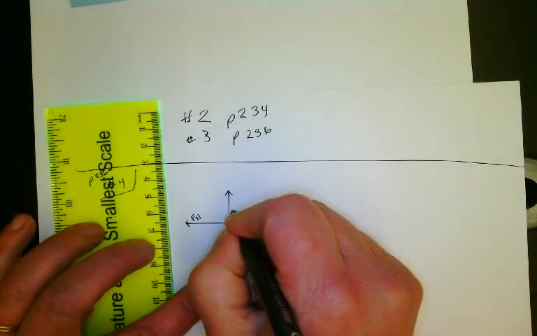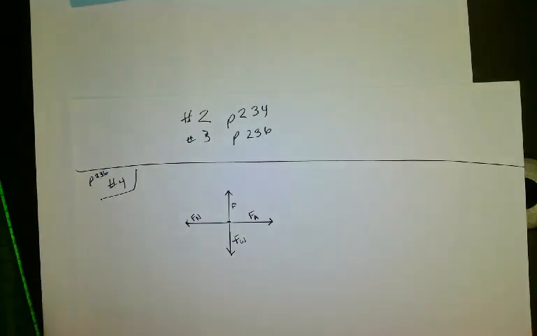They're not drawn to scale. The force of friction. Okay, so that's what your force diagram looks like. Let's write down our variables.